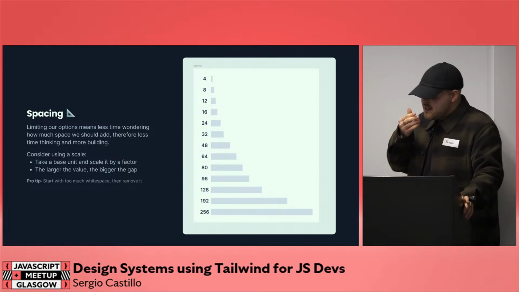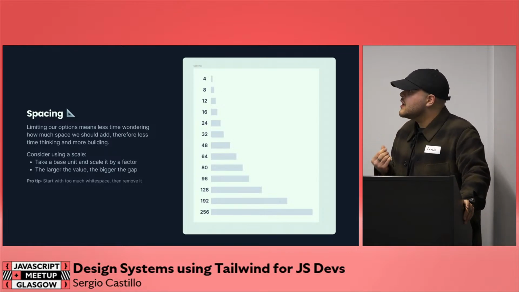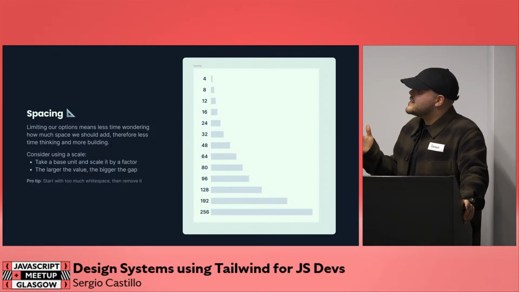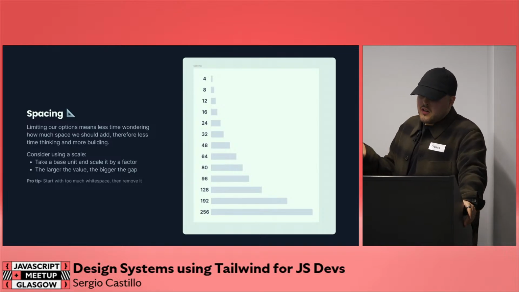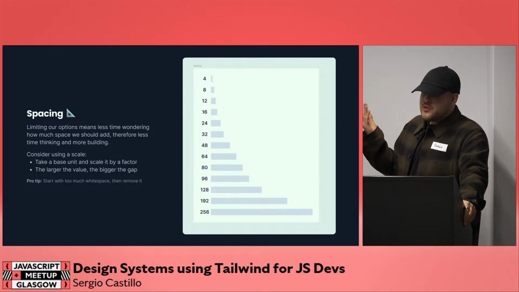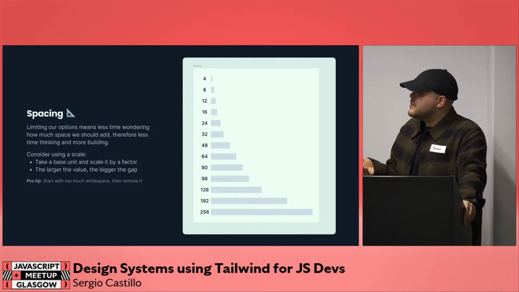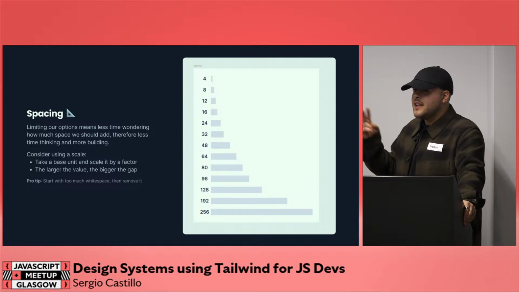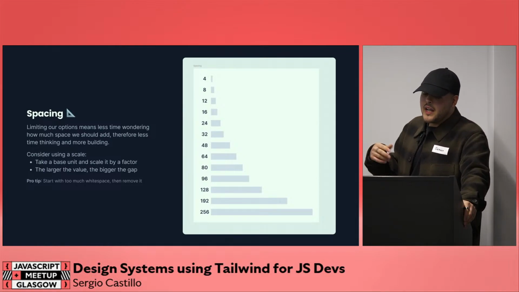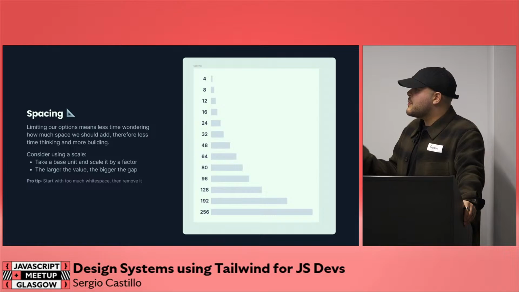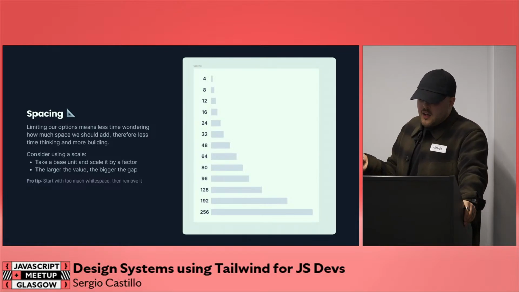So for spacing, it's a repeating thing, and limiting our options is going to save us a lot of hassle in the future. With spacing, it's good to have a set of valid values that we're going to use on our margins, paddings, and spacing between items.